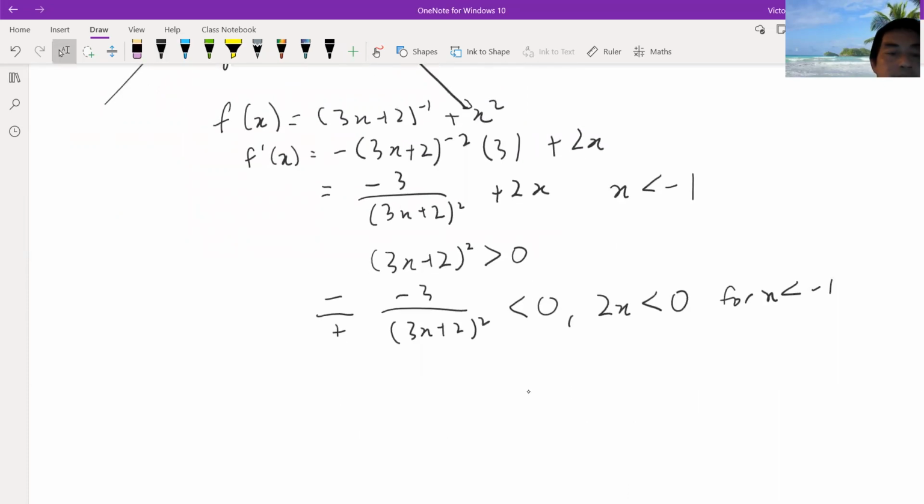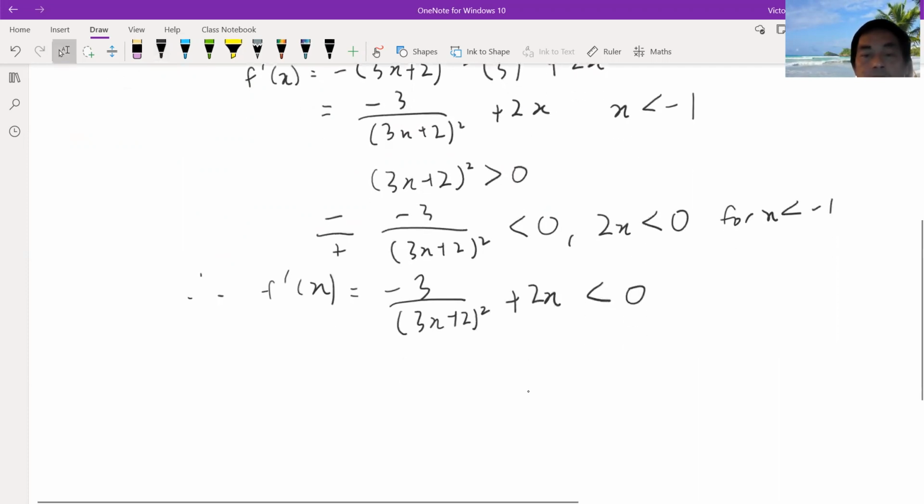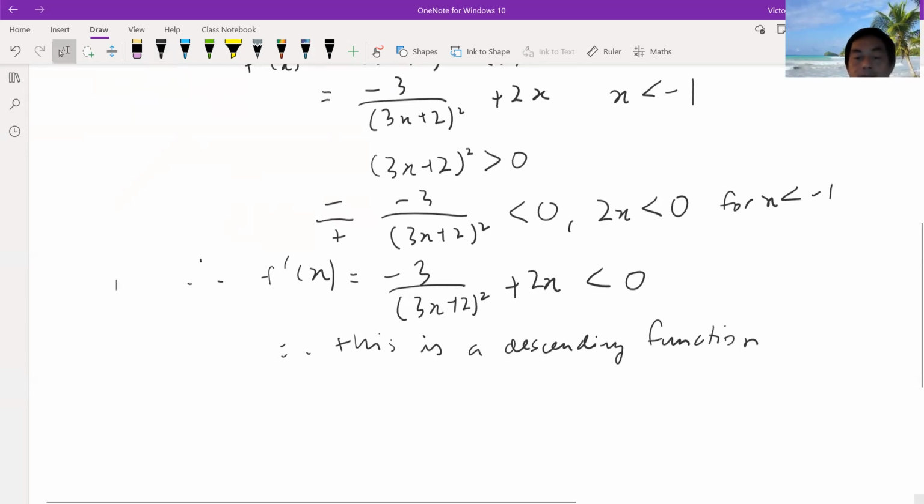So you have it, f prime x, which is your differentiation, minus 3 over (3x plus 2) squared plus 2x, therefore is negative. Therefore this is a descending function. Okay, let's go to the next question.